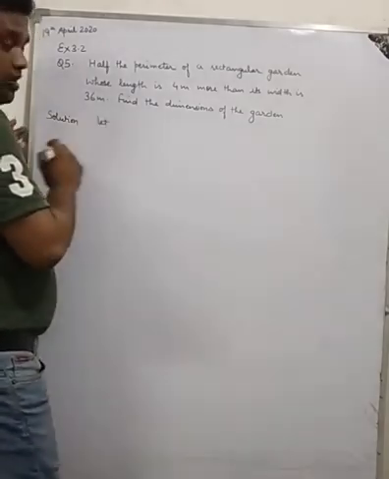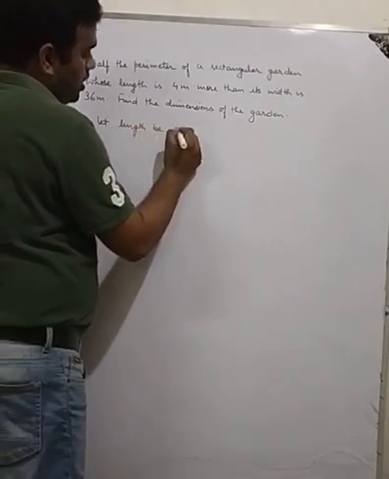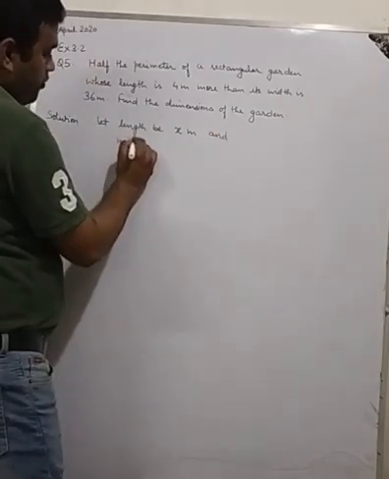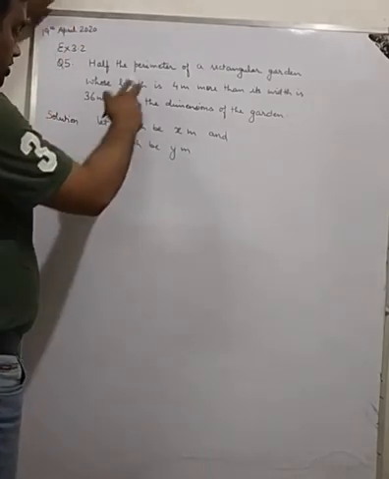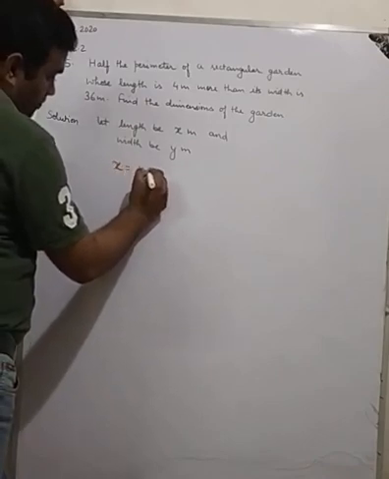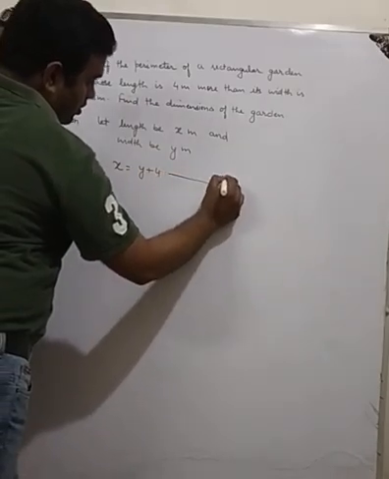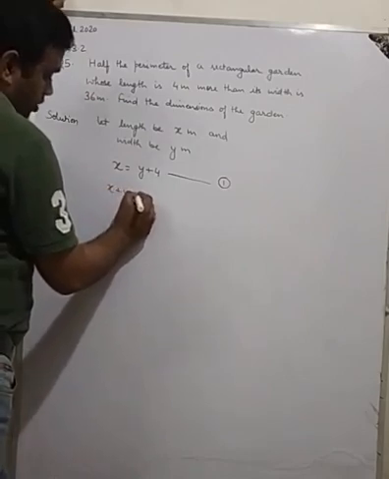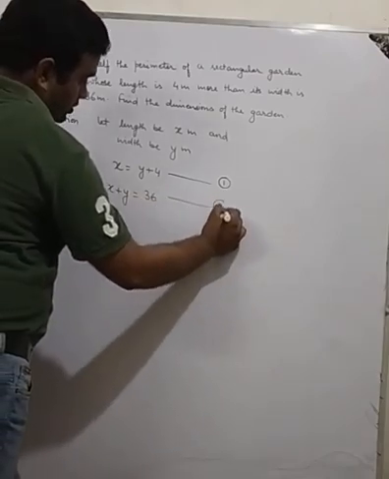Let length be x meter and width be y meter. So the first information is x is equal to y plus 4 and the second is x plus y is equal to 36.